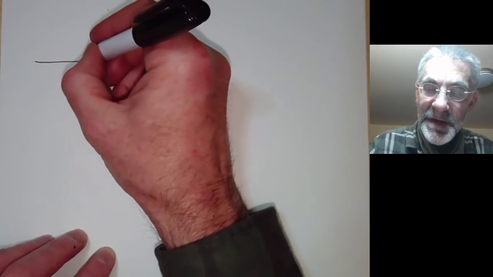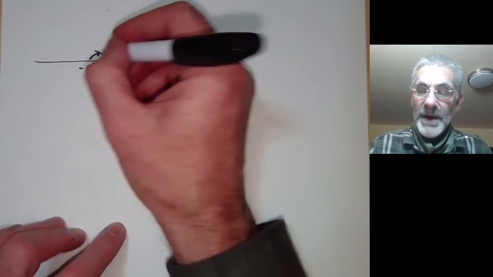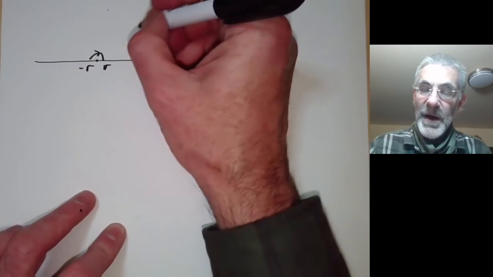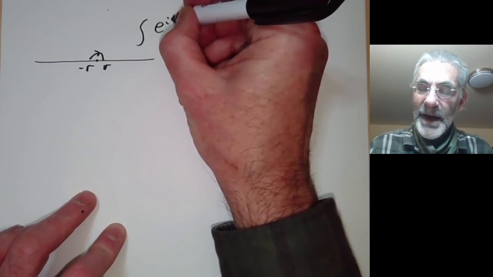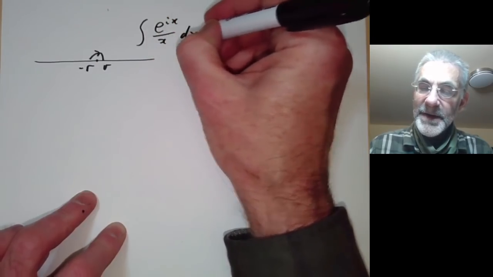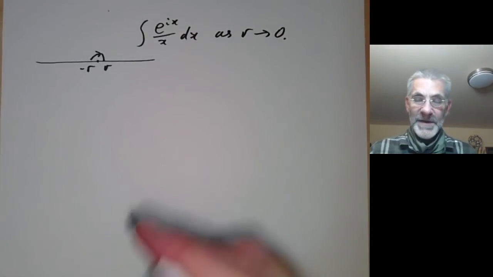Now we have to deal with the integral over the small semicircle of radius little r. So we want the integral over this of e to the ix over x dx as r tends to 0. Unfortunately, this tends to a limit.